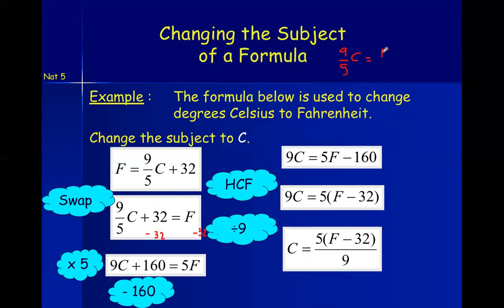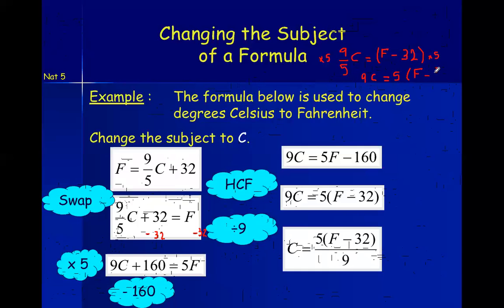And now to get rid of the 5, you need to time by 5. So at this time, you would put the brackets in, and then you would time by 5. So that means you don't need to do too much of the factorizing part. So you time by 5 both sides, then you get 9c equal 5 times f minus 32.